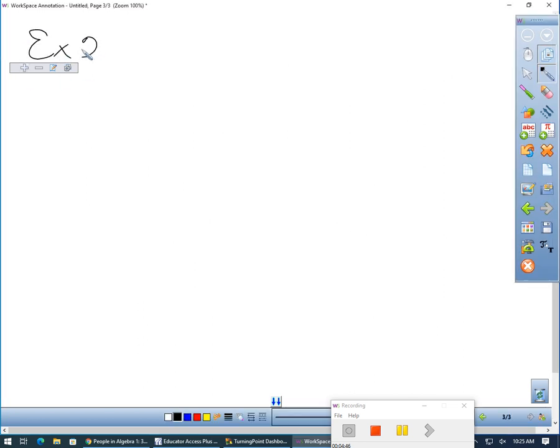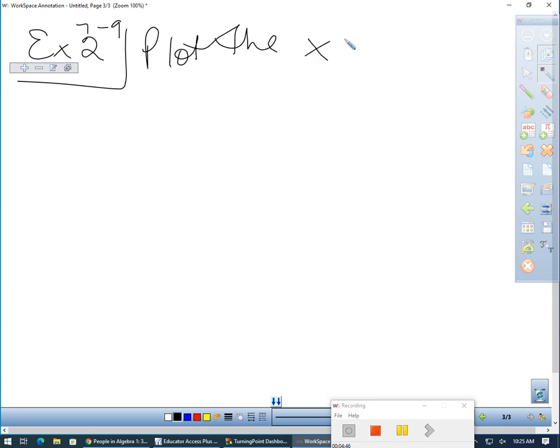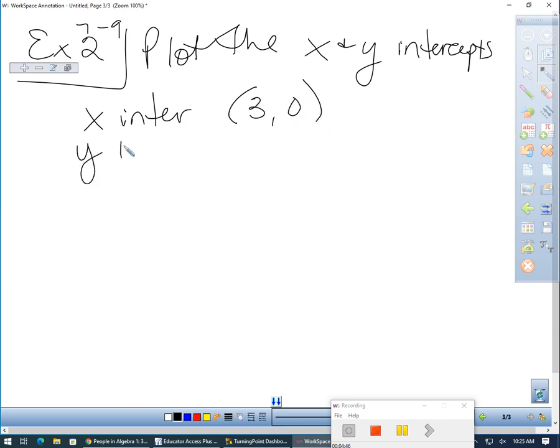Example number 2. This covers questions 7 through 9. Plot the x and y intercepts. And your problem's going to look like this. X-intercept is at 3, 0. Y-intercept is at 0, negative 1. So we're going to plot these and connect the dots.